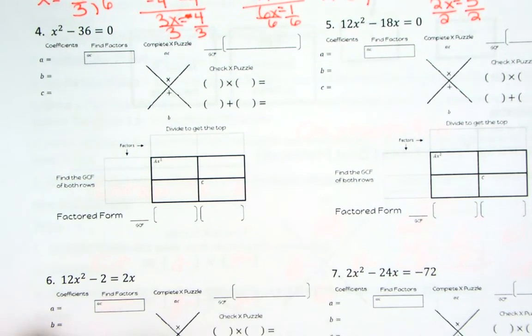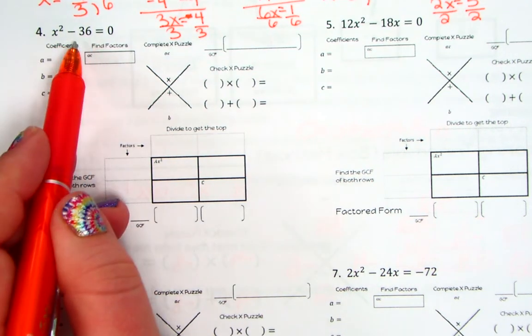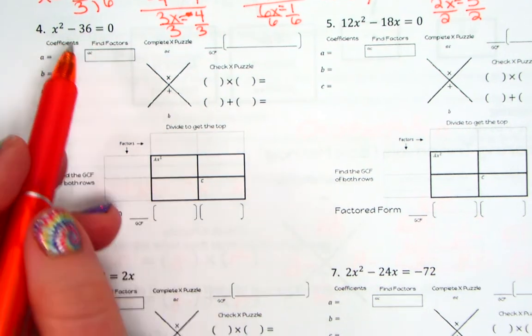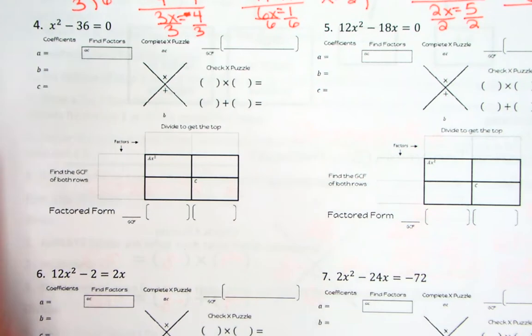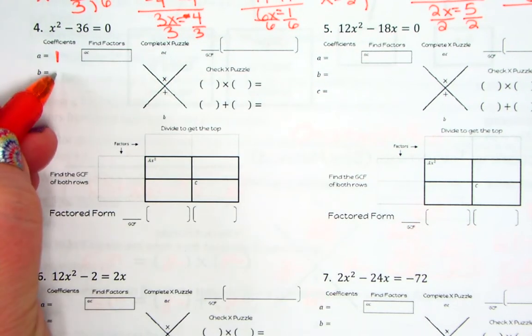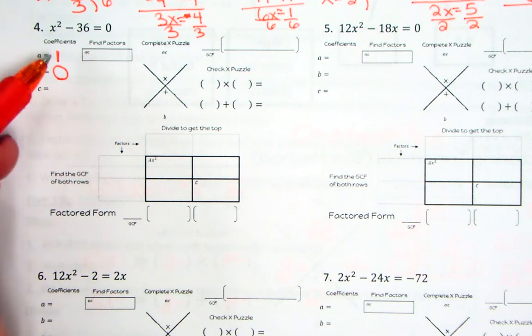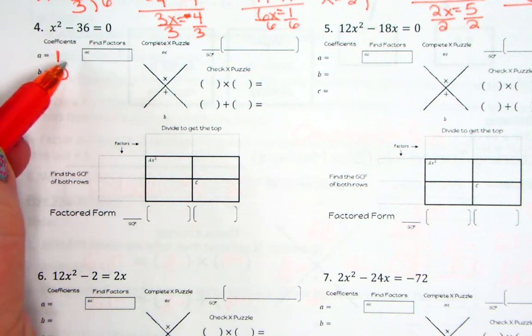We're going to walk through 4 more problems. So this one, there's nothing that's common for me to take out. So A is 1. B is actually 0. And C is negative 36.